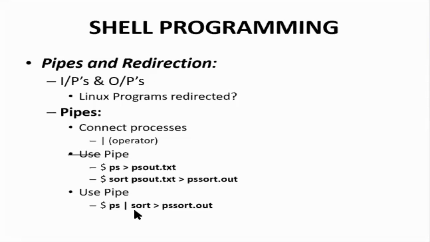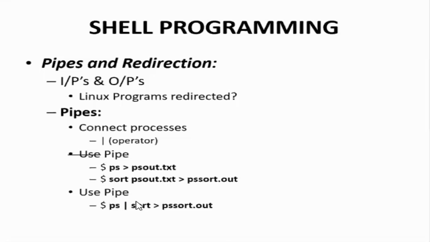Assume the PS command is executed by process A and the SORT command is executed by process B. I want to connect process A and process B so that process B will get the data from process A, sort the data, and write the information into a particular file. If I want to do that, then I have to use this pipe operator.